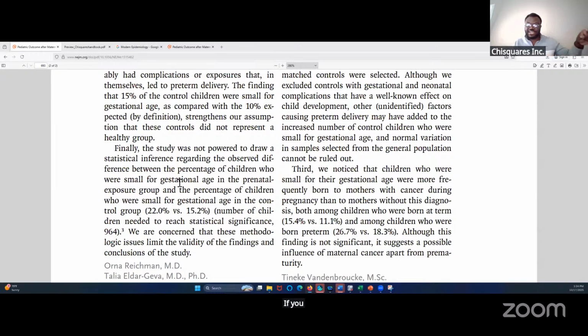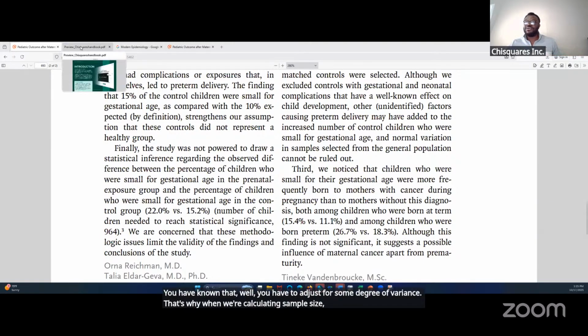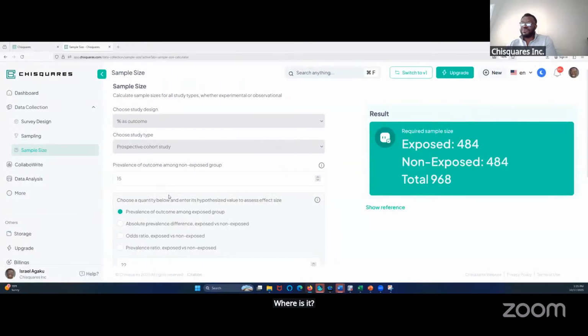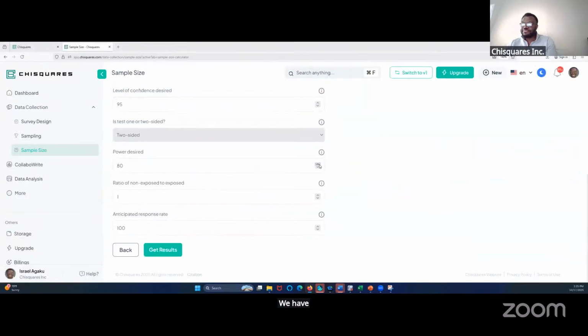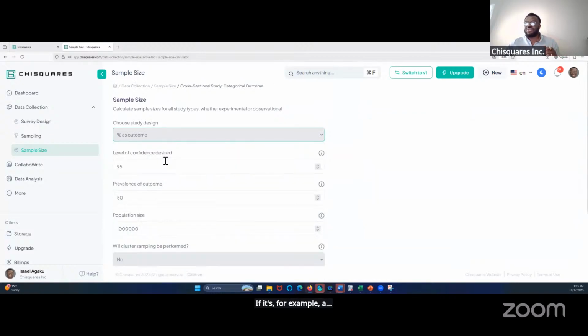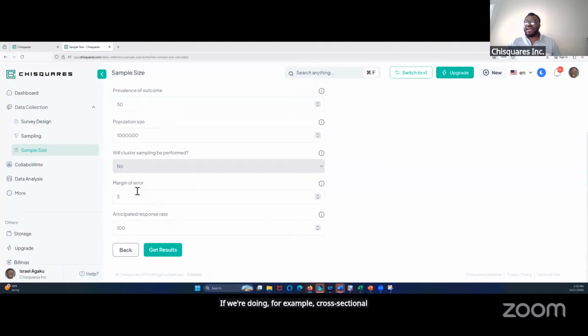If you had factored in the population parameters, you would have known that you have to adjust for some degree of variance. That's why when we're calculating sample size, we have things like, for example, if we're doing a cross-sectional study, margin of error.